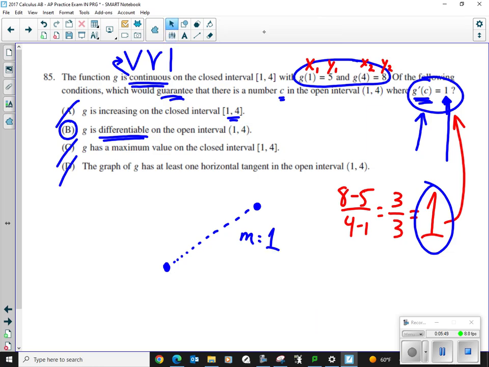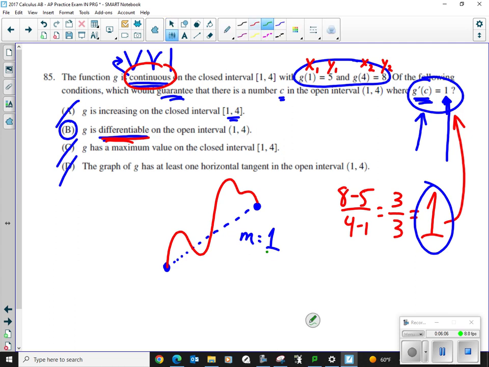If I have a continuous line that's differentiable everywhere, that guarantees me that at least at one point in between those two endpoints, I have to also have a slope of 1, which means if I go somewhere, maybe here at this point, it has to also be 1. Maybe here at this point. There has to be at least one point that's equal to 1.